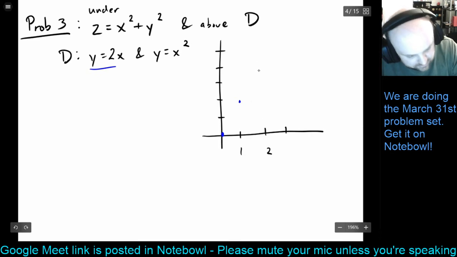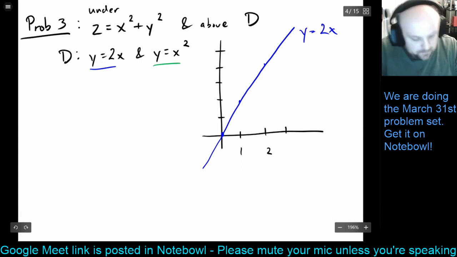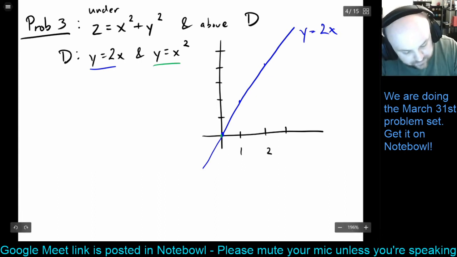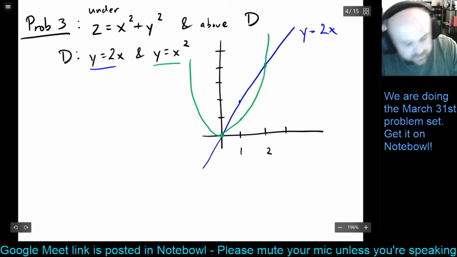When x is 2, y is 4. There's our function y equals 2x. And then let's do this one in green. When x is 0, we're here. When x is 1, we're here. When x is 2, we meet up with that function. So again, we're looking at D being the region in here.